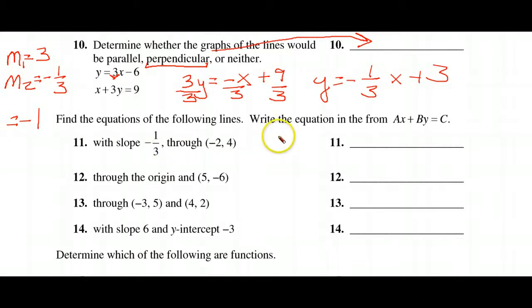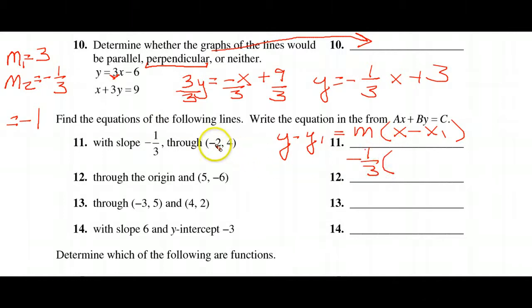Well, we need to use that special formula, y minus y sub 1 equals m times x minus x sub 1, which is called the point-slope form. So we're first going to put our slope in there, which is a -1/3.